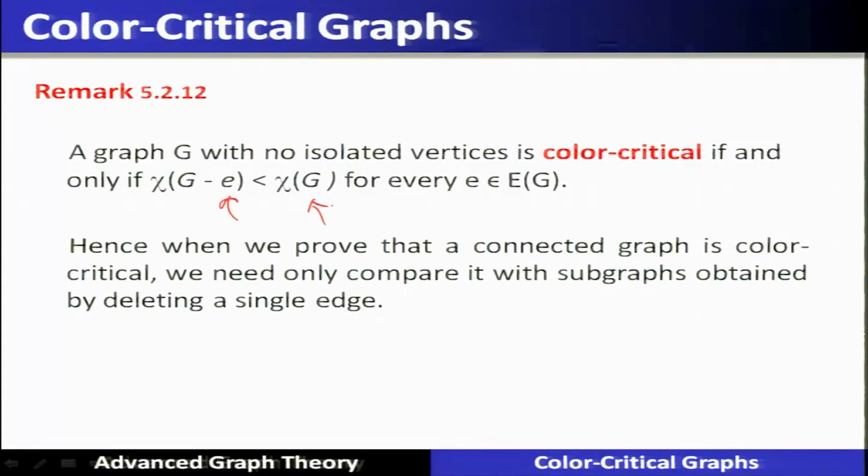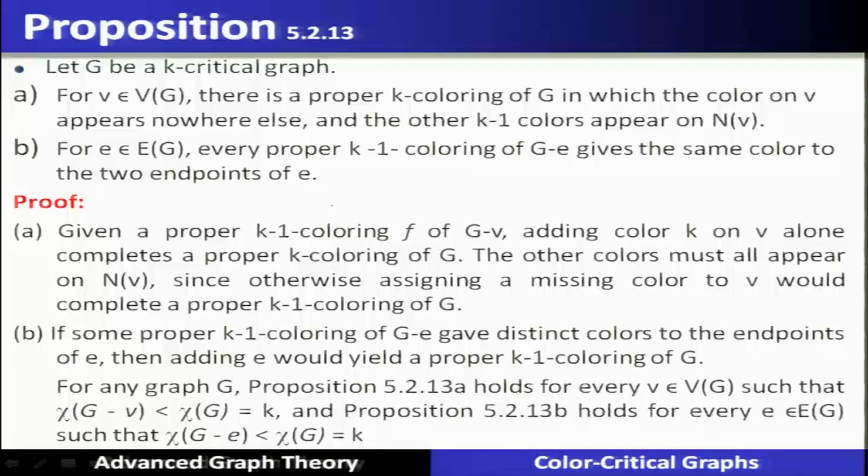It is critical in the sense that every edge, if removed, will reduce the number of colors. Hence such graphs are called color critical graphs. Hence when we prove that a connected graph is color critical, we need only compare it with the subgraphs obtained by deleting a single edge.